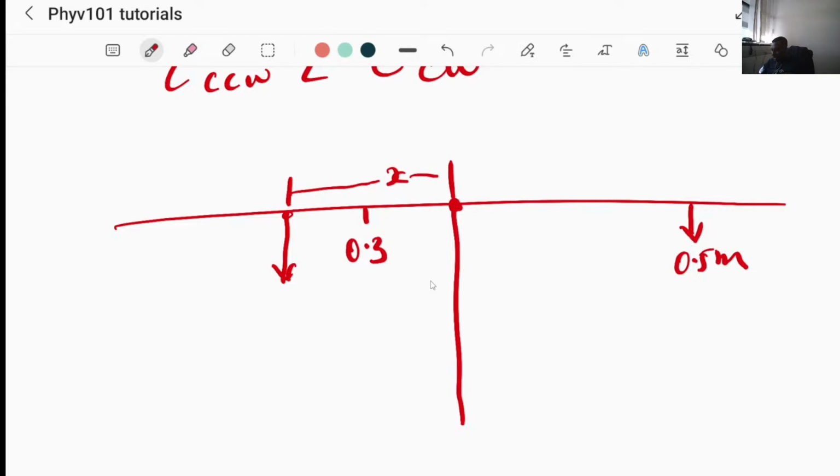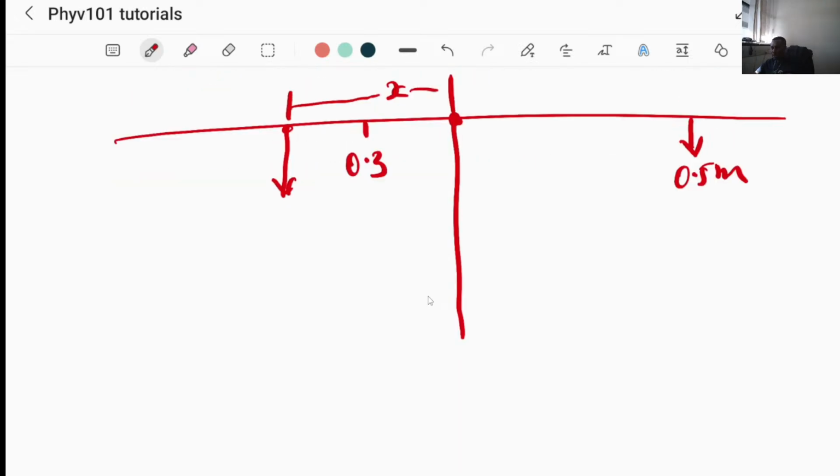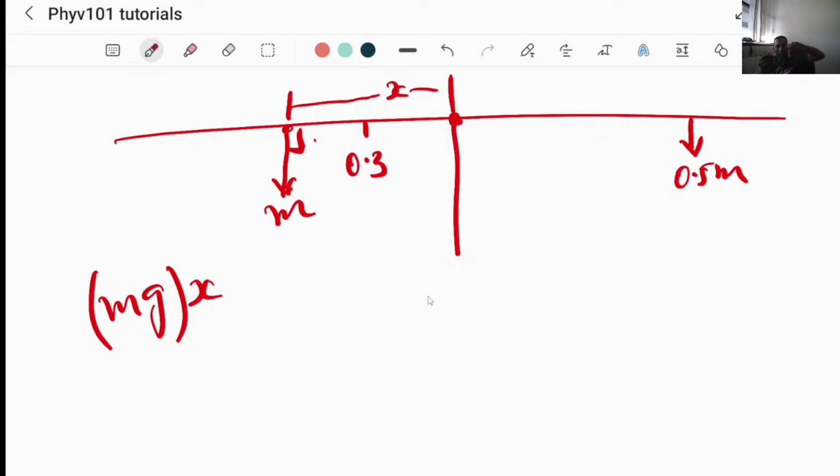Okay? With this assumption, that mass m, if you have got m here, mg, the mass times gravity, times x, because that's the distance. By the way, the angle is always 90 degrees. Remember, the force is down, the radius is that way.